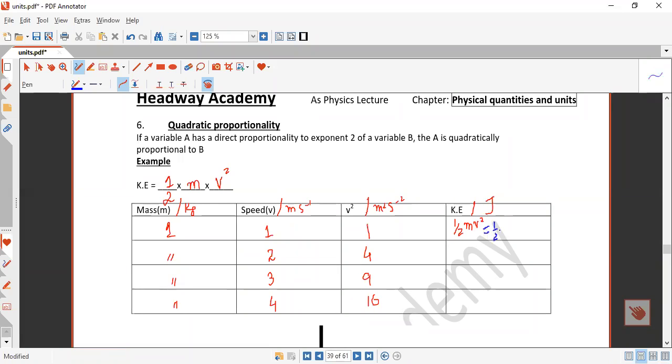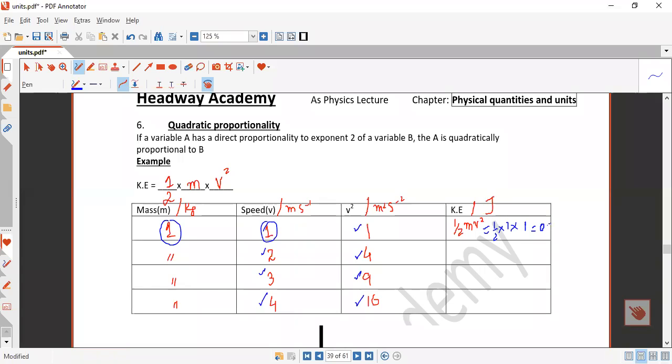Sir, can you explain again? Yes, the mass is fixed as 1, and the velocity is increasing from 1 to 2 to 3 to 4 meters per second, right? So the square of velocity will be 1, 4, 9, 16. Then I'm putting the values in the formula, half into m into v square.